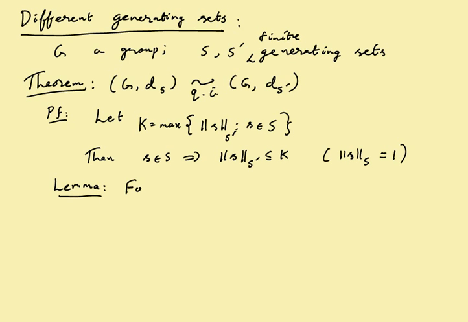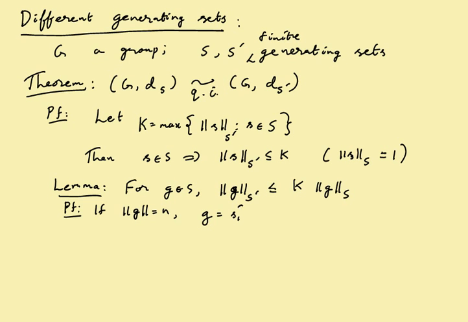So for g in G, the norm with respect to S prime of g is less than or equal to K times its norm with respect to S. This is what I'll prove and leave the rest as an exercise. Suppose the norm of g equals n, then g is s1 to the epsilon 1 through sn to the epsilon n, with si in S. Now we have our triangle inequality, or rather that property of the norm.